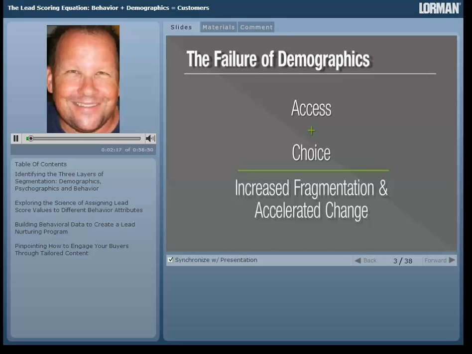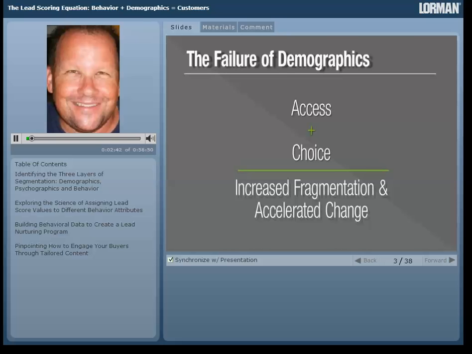What that means is that people self-select into an increasingly complicated network of segments and subsegments. On top of that, they rapidly move back and forth between those segments at their own discretion. So it's not really locked and loaded. The trends can change, the opinions can change, and so the demographics that were traditional may not apply in today's market.